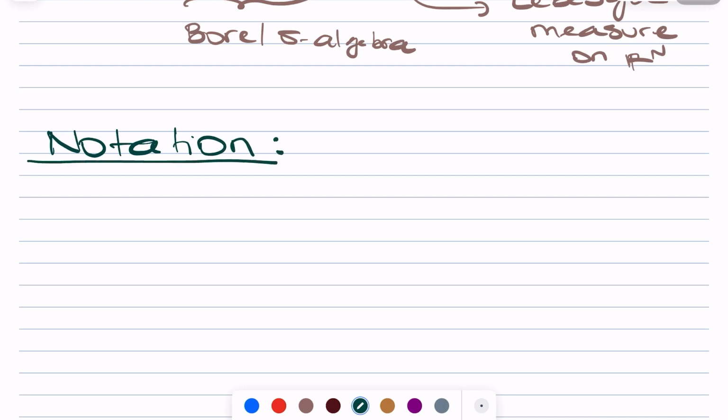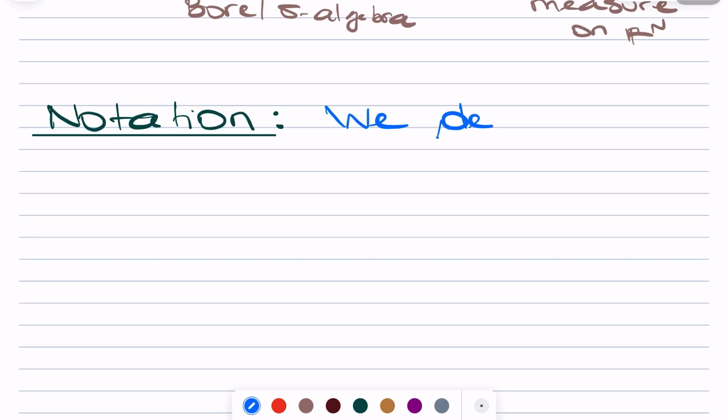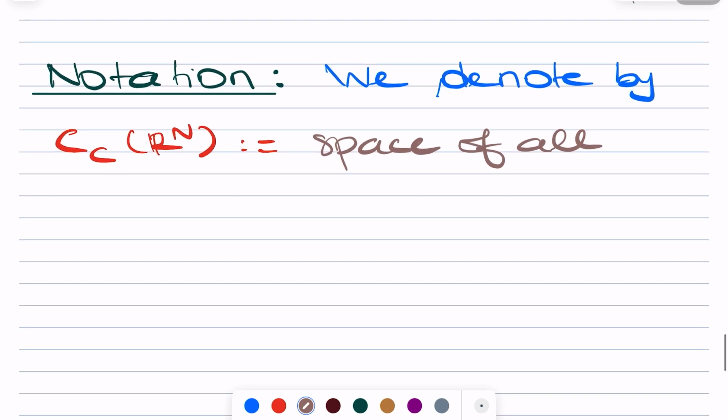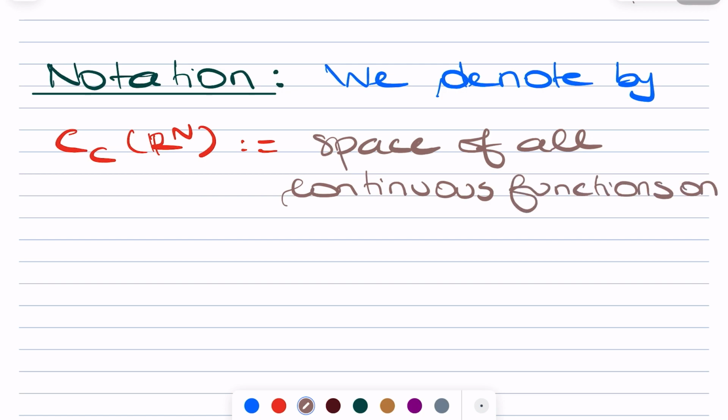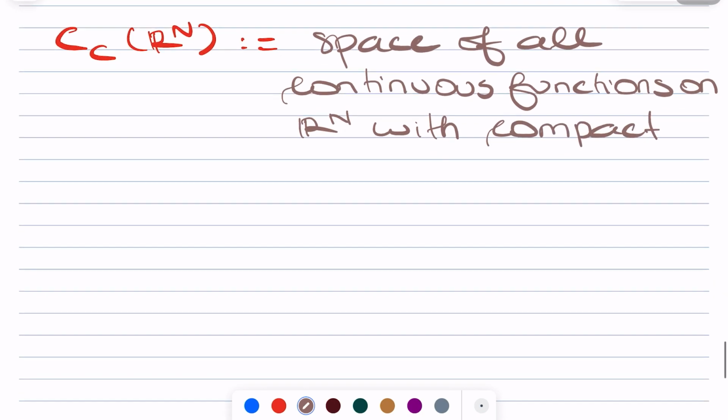We denote by CC of Rn the space of all continuous functions on Rn with compact support.